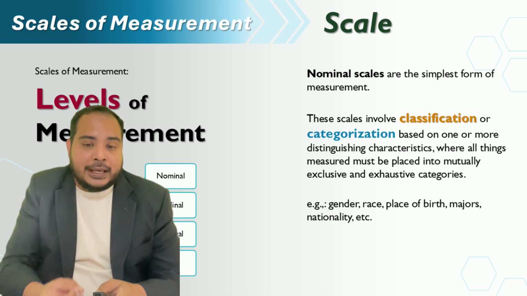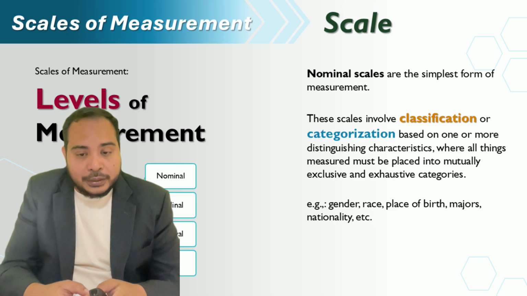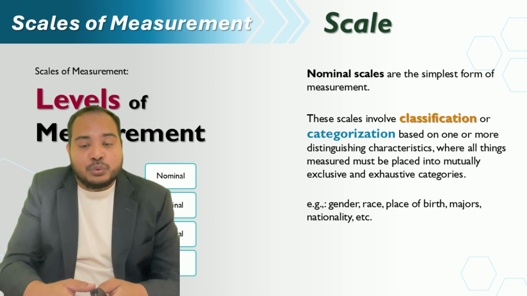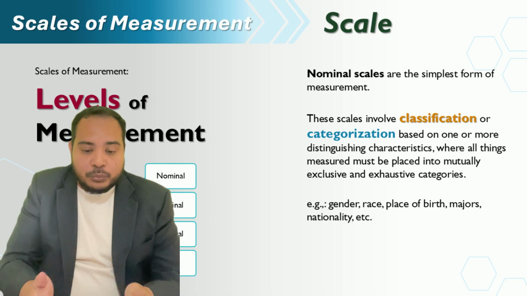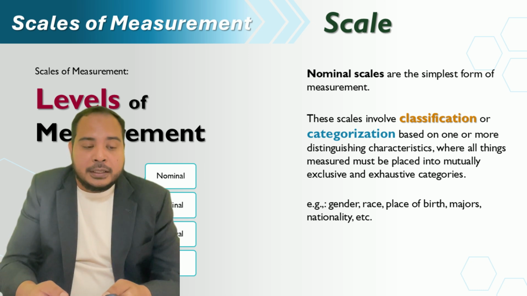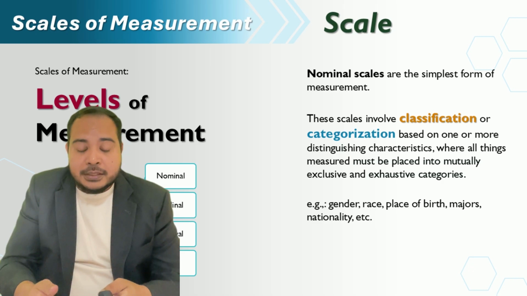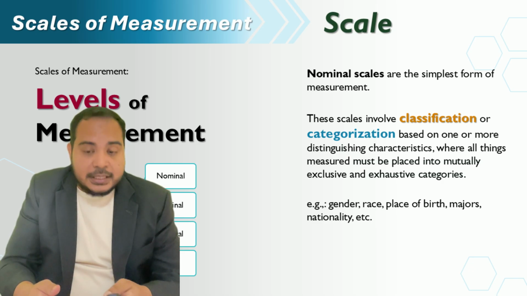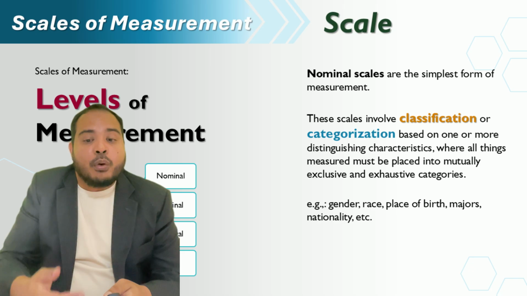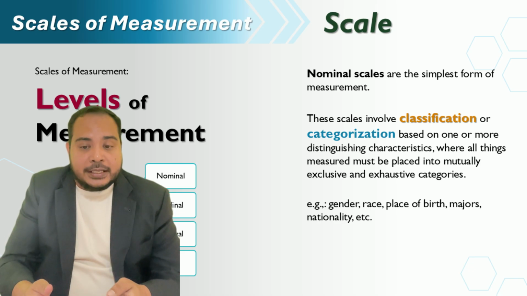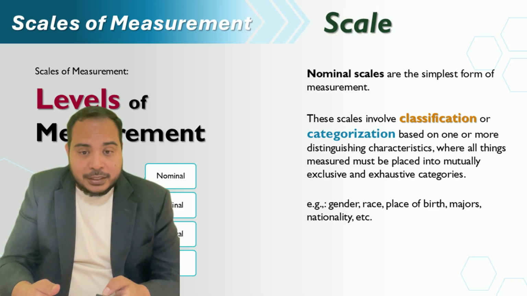It does not carry any measurement properties that allow us to do further analysis. What we can do is identify the frequency, how many out of 100 participants are males and how many are females, and we can use percentages, but we cannot do more inferential analysis when we use nominal scales.